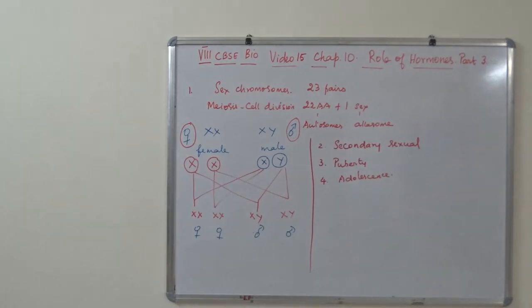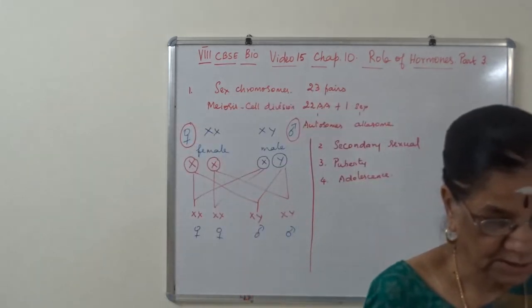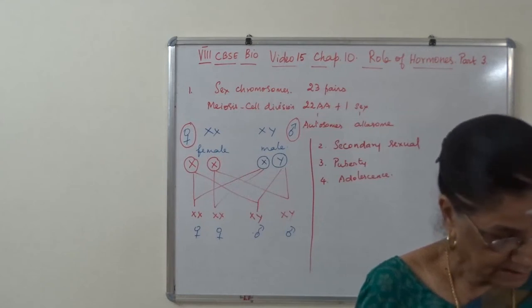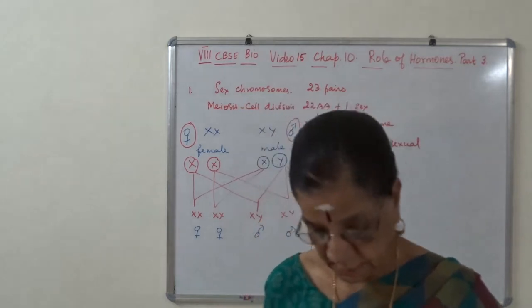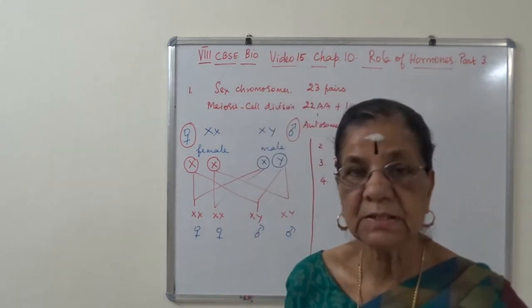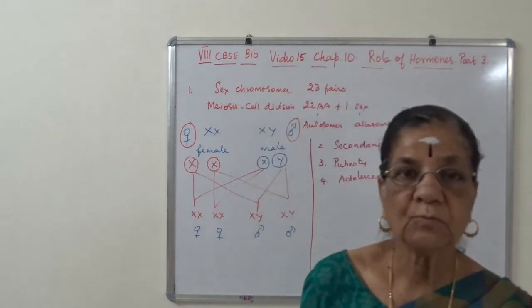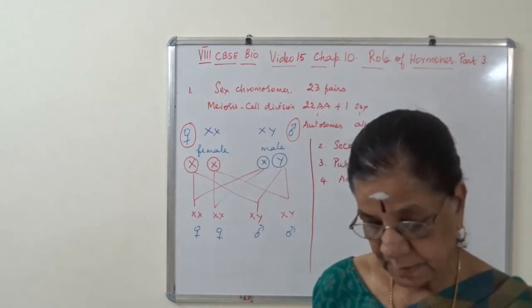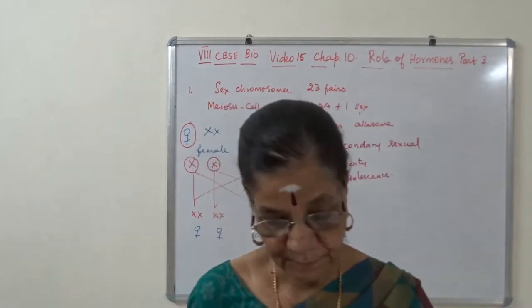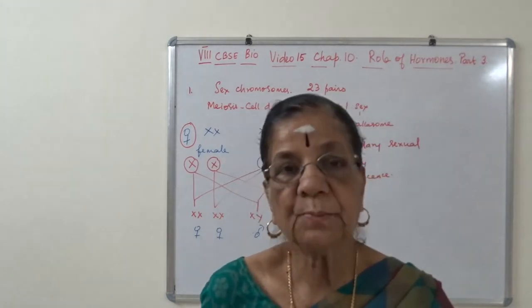When a person, boy or girl, attains maturity, and when the sex organs start functioning, that is called puberty. The human body undergoes several changes during adolescence. These changes mark the onset of puberty. Whereas adolescence is the period of life when the body undergoes changes leading to reproductive maturity.